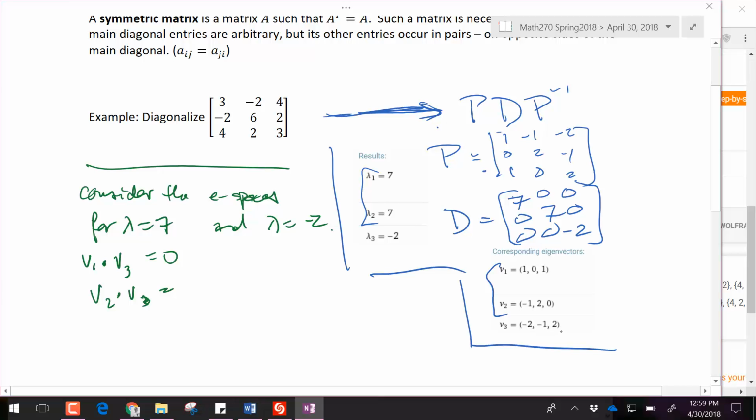What do you get? You get 0 again. You could dot V1 and V2, and you may or may not get 0, but since they're in the same space, we're not going to mandate them to be orthogonal. But the different eigenspaces that come from different eigenvalues turn out to be orthogonal.